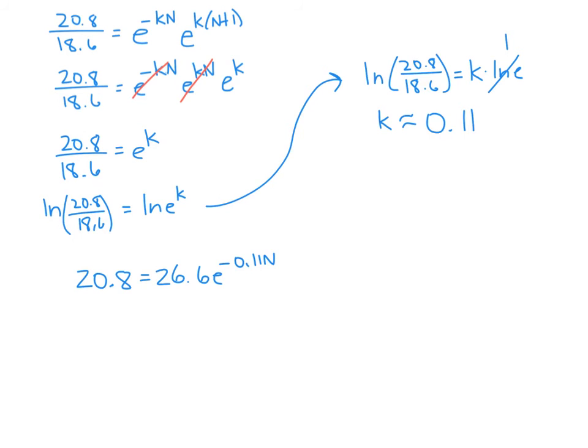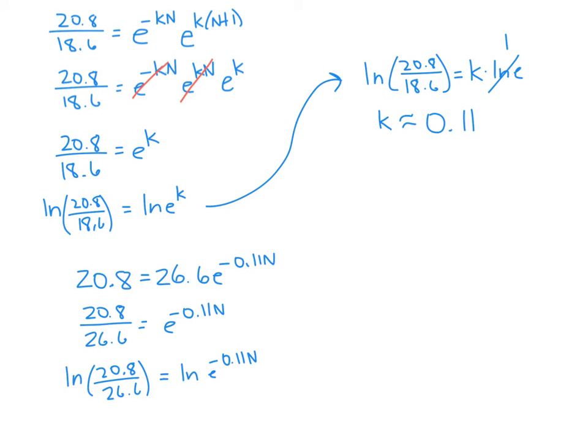So we can divide both sides by 26.6. So we have 20.8 divided by 26.6 is equal to e to the negative 0.11 times n. So now let's take the natural log of both sides. So we have the natural log of 20.8 divided by 26.6 is equal to the natural log of e to the negative 0.11 times n.